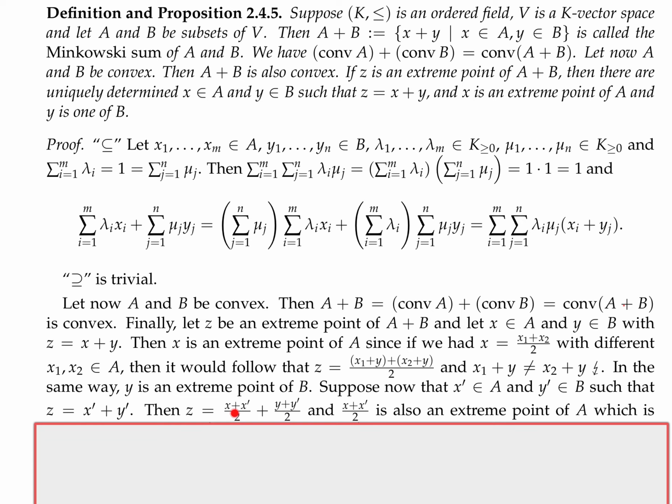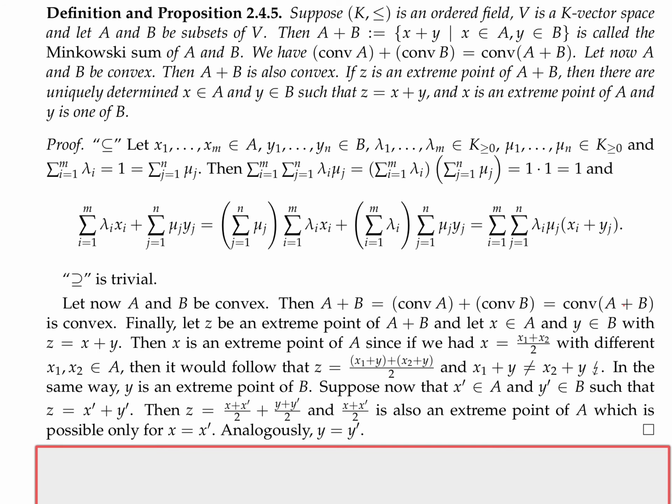You know that (x plus x prime) over 2 is an element of A, right? And (y plus y prime) over 2 is an element of B. So I can apply what I've already proved, that if I write z as a sum of an element of A and an element of B, then these things are extreme points, right? So I can apply it also to here. So now I know that this is an extreme point of A.